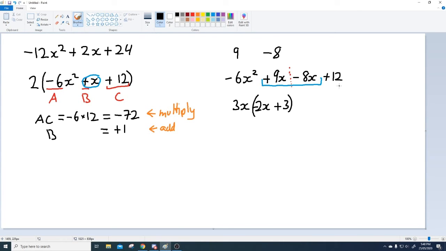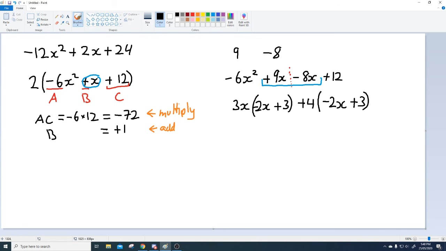And now we're going to do the same on the right side. What number goes both into negative 8x and into positive 12? Well, I can fit 4 into both 8 and 12. So if I put a positive 4 on the outside, I can see what's left over, and what's left over here is negative 2x and positive 3.